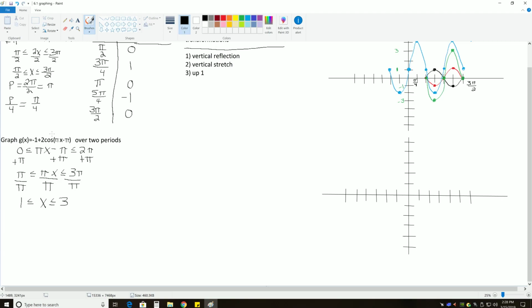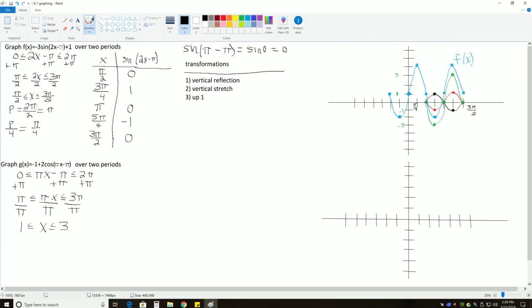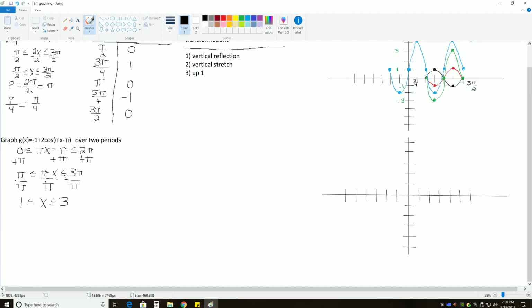If you look in the previous problem, the interval that we ended up getting was pi over 2 to 3 pi over 2. But in this case, we're just left with standard constants, just 1 and 3. We don't have any pi's. And that's because we ended up having to divide by this pi in front of our x. In general, that'll usually end up happening whenever there's a pi in front of your x. Not always, but just typically.